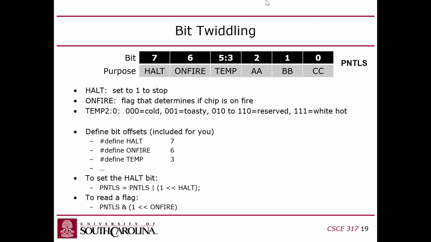You'd shift it 6 bits to the left, and then you would do a bitwise AND to mask off that specific bit. You guys with me? Now once you do that, what is the answer you're going to get? Well, you're either going to get a 0 if the original bit wasn't set, or if it was set, you're going to get a value of 2 to the 6th power, right, which is 64, right?